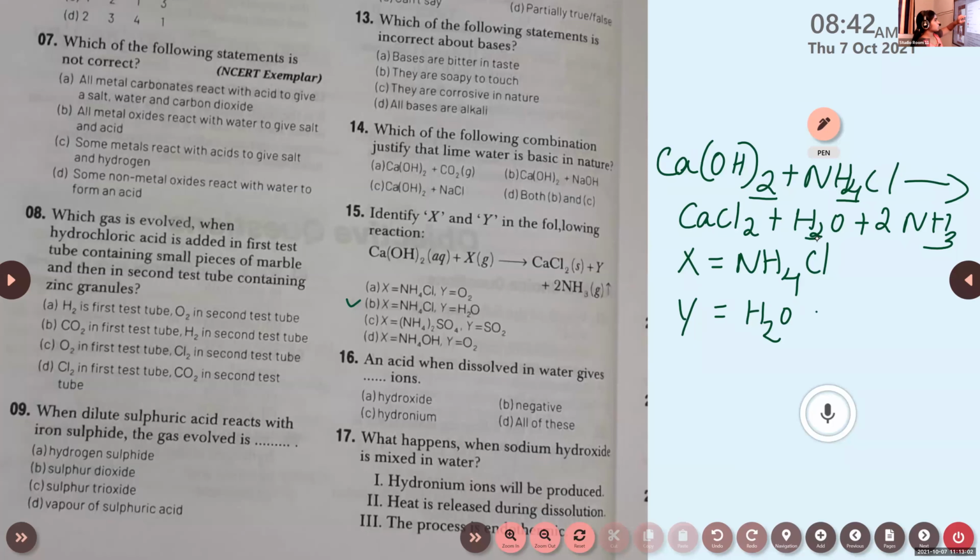How can we balance the left hand side? What happened to you all?